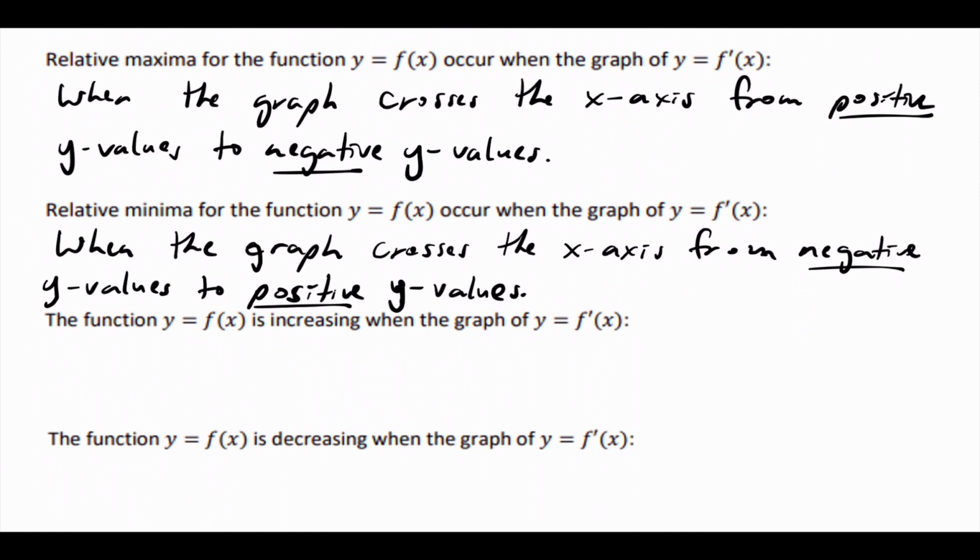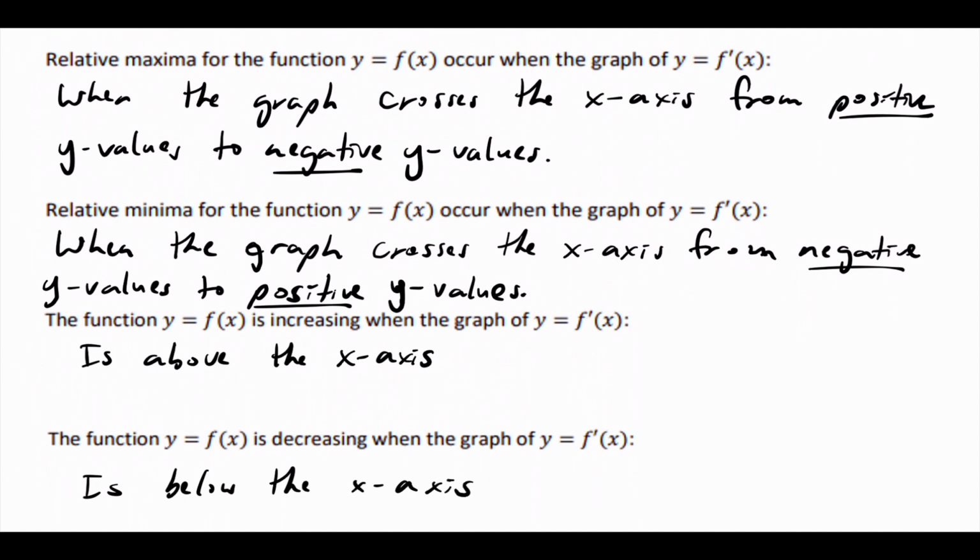Increasing is above the x-axis. Decreasing is below the x-axis.